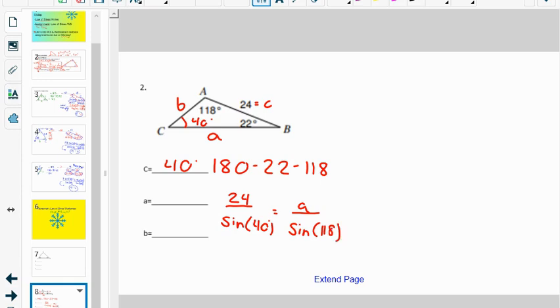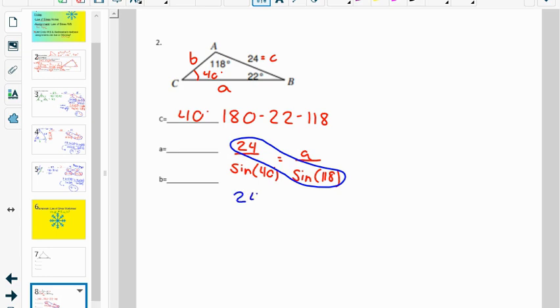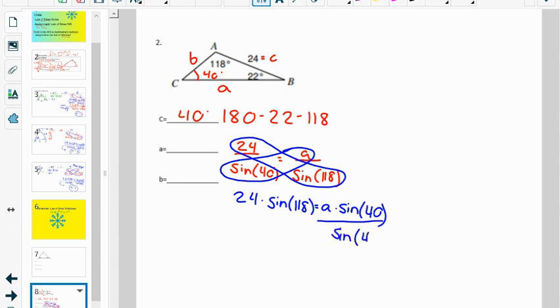So there's my setup for the law of sines, and now we're going to cross multiply to solve. 24, I guess I'll extend this. 24 times sine of 118 equals, cross multiply these, 8 times sine of 40. To get A by itself, divide sine of 40 to the other side.